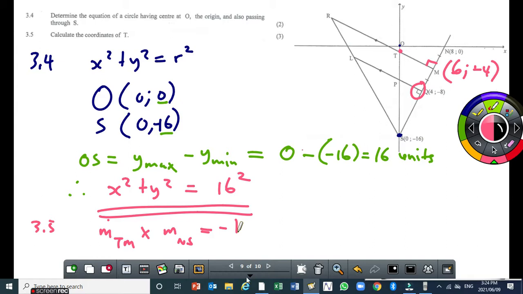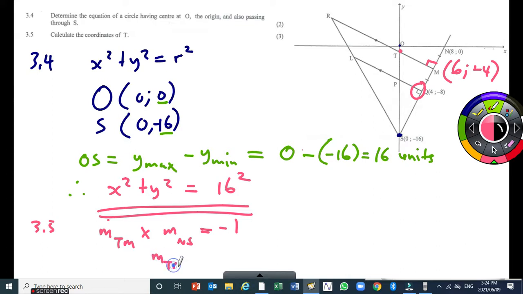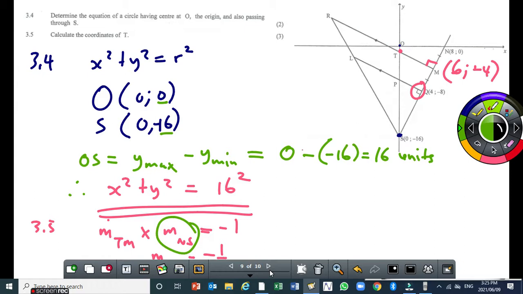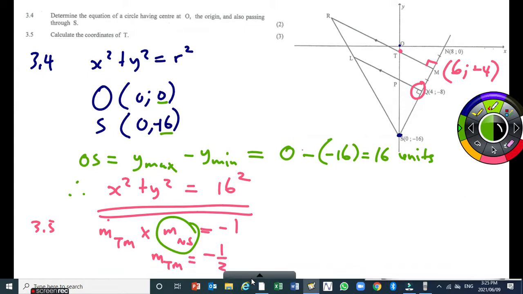So therefore, the gradient of TM is going to be, if you divide both sides by 2, minus a half. We know this gradient, don't be surprised. We got it in the previous stage.